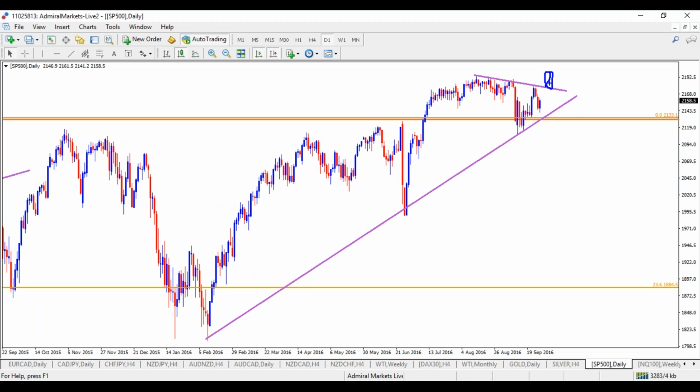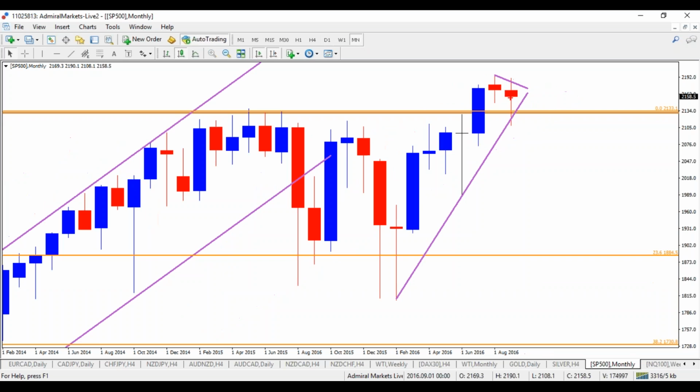I'm not trading the S&P 500 anyhow, but that's what I analyze. If it breaks this top and it breaks this bottom and breaks the trend line, then I think there could be some correction. Now, in the long run, I'm not sure how much upside it has potential. Let's see how this monthly candle ends. If it closes bearish, I think that could be a retracement lower.